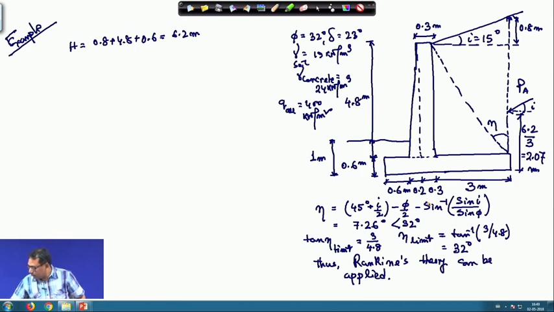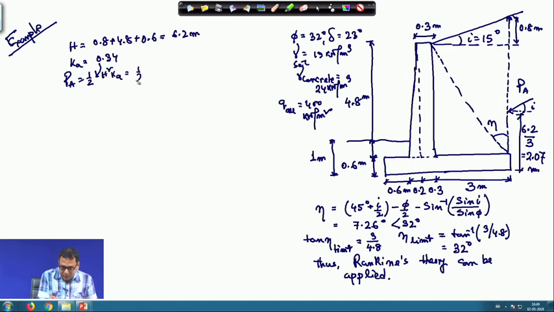So, this was the problem, and the K A value was calculated as 0.34, and P A is equal to half gamma H square into K A. So, that is equal to half into 19 into 6.2 whole square into 0.34. So, this value was 124.2 kilonewton per meter. Okay.